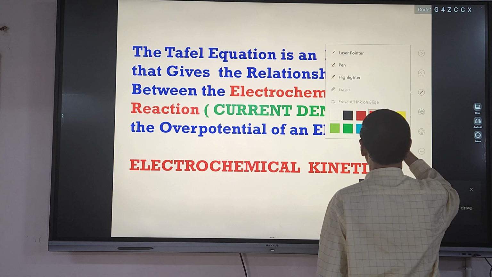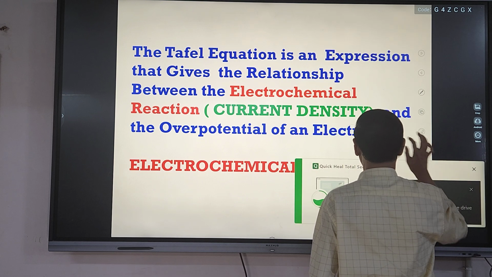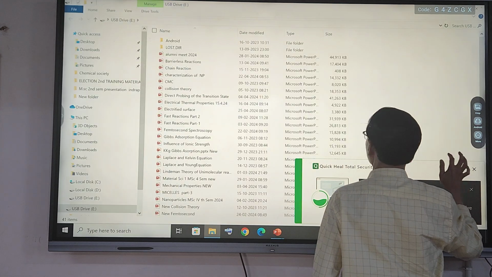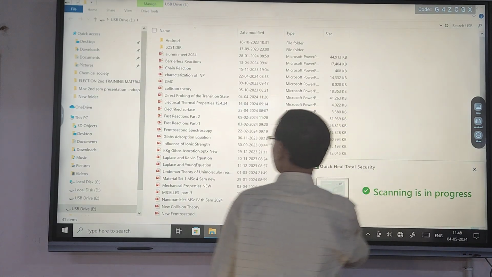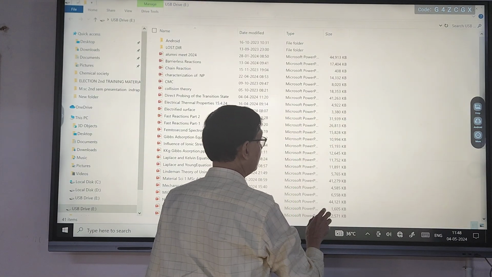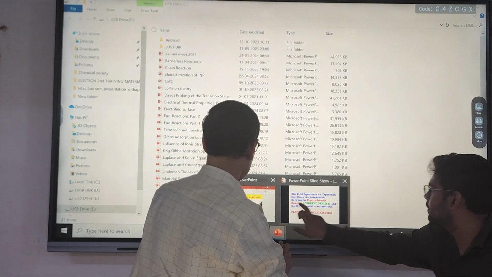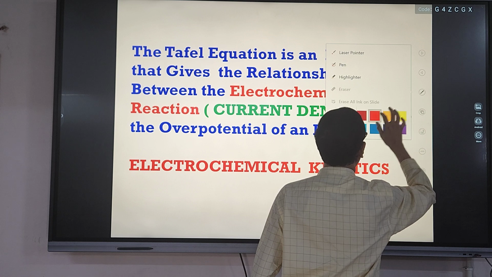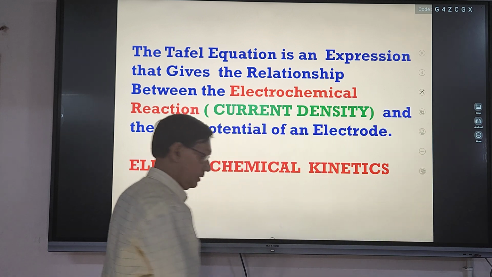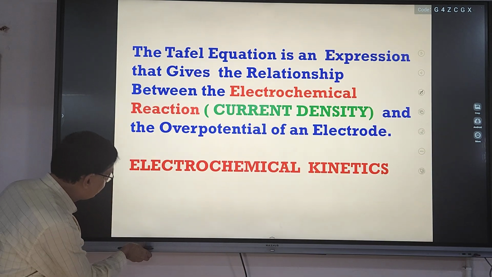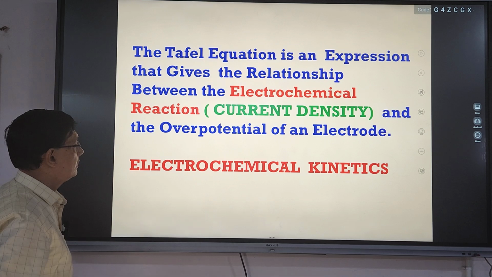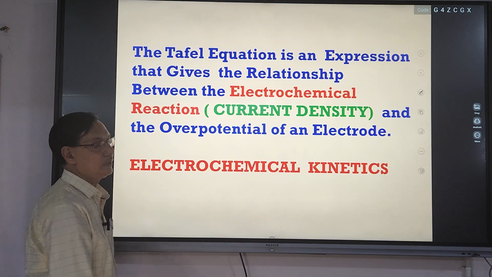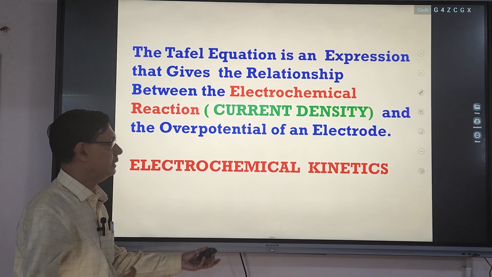write the Butler-Volmer equation, and you are all aware of all these things.